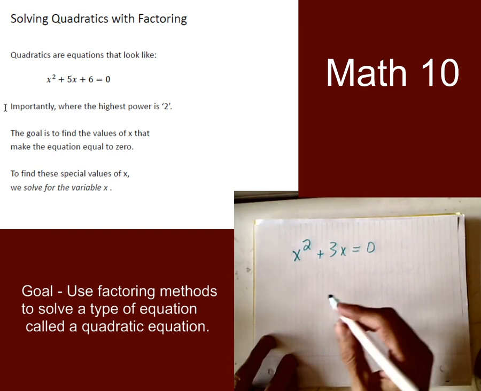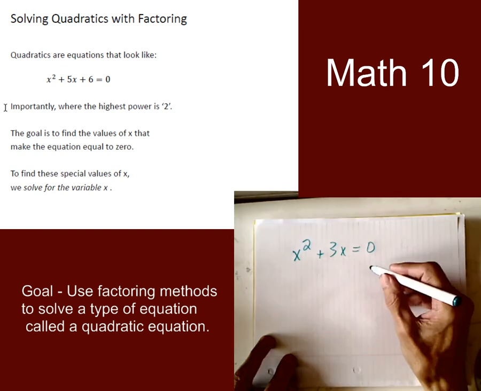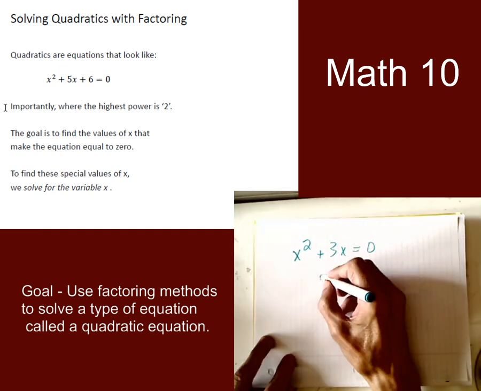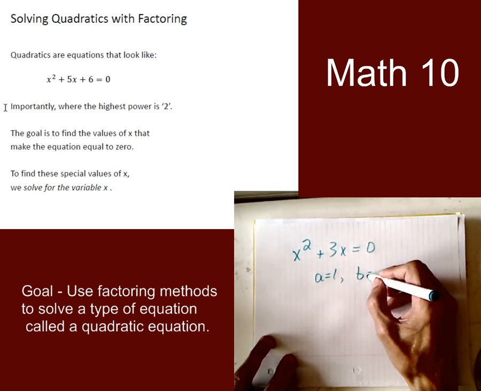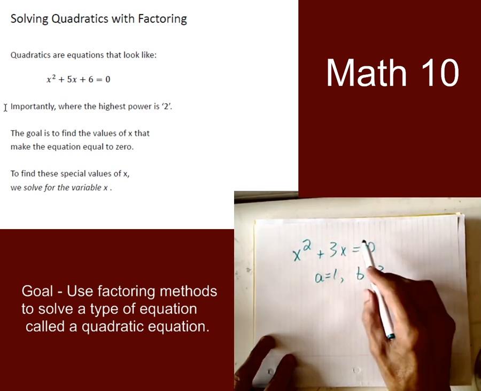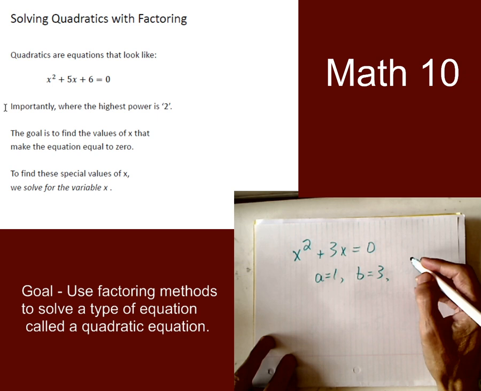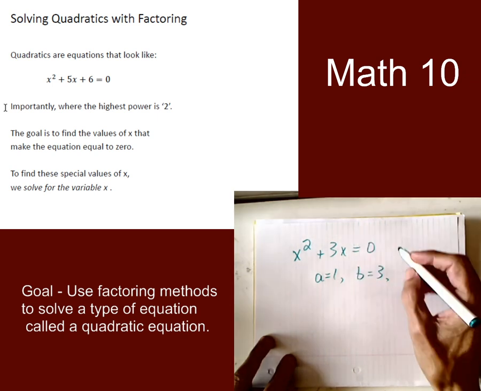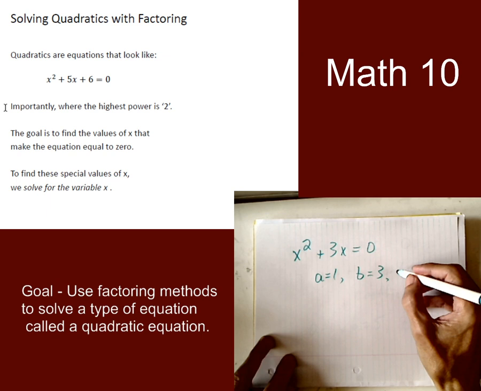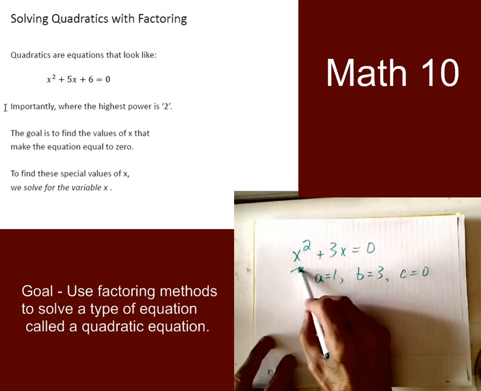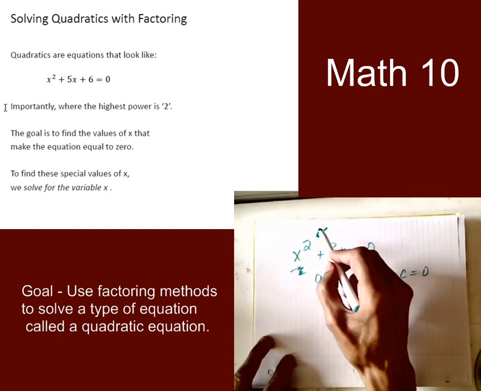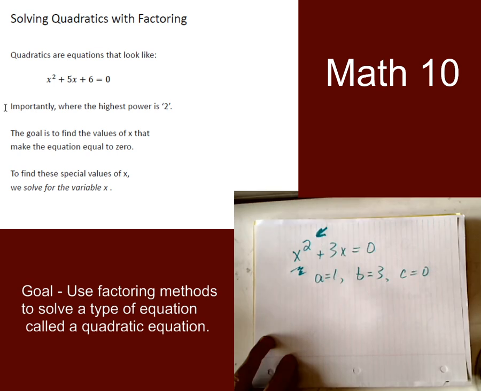In this case, the value in the very front is still a. A is equal to 1. B is equal to 3. And notice there is no number at the end there. So it's like an invisible plus 0. So c would equal 0. Is this thing still a quadratic? Yes, because it has a highest power there of 2.